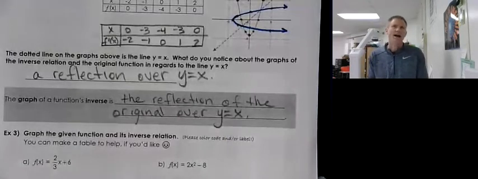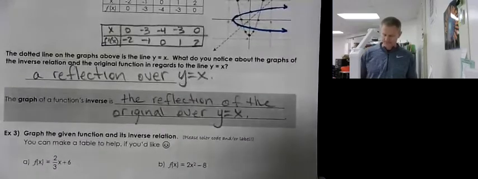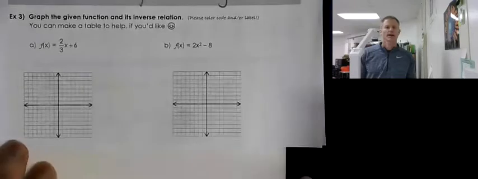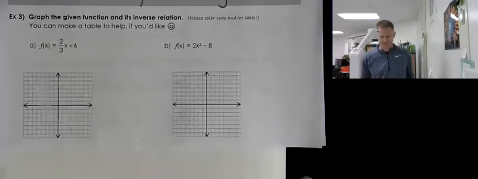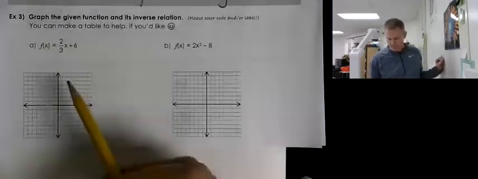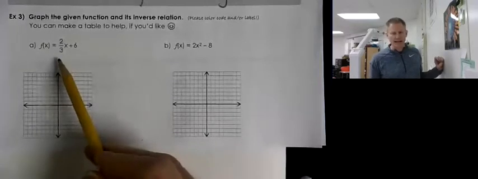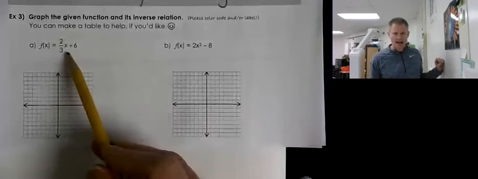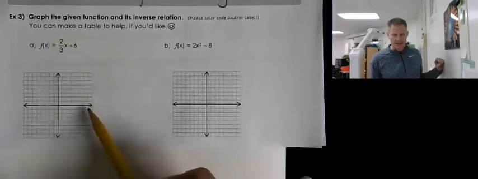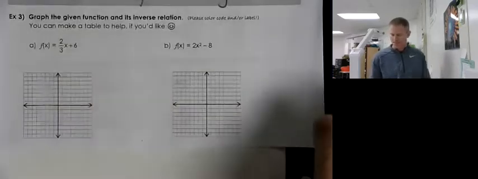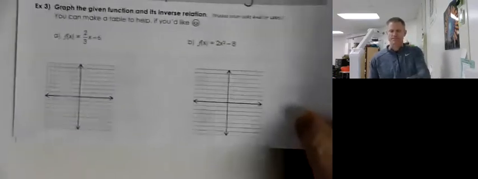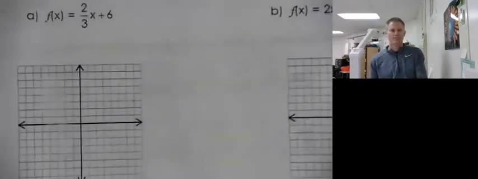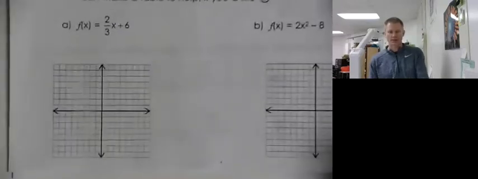So if we know how the inverse function is made, we can come down here and graph them out. You're welcome to make a table, but that sounds like more work. I'm just going to plot it out. Then I'm going to reflect it over the line y equals x. I'll zoom in nice and close for you.